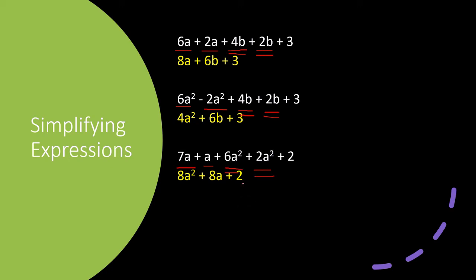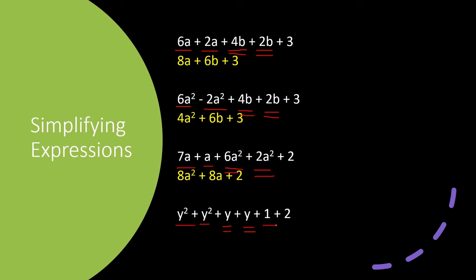Very nice. Let us look at our next example in here. So I have y squared plus y squared plus y plus y plus 1 plus 2. So first I'm going to detect again my like terms in here. These two are like terms, very nice. These also are like terms, these two right here, but they're different from the y squared because they do not have the same exponent.